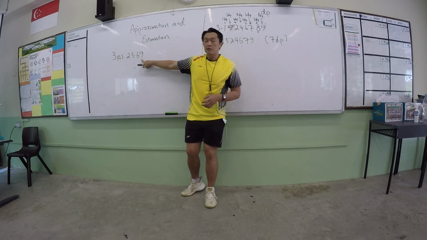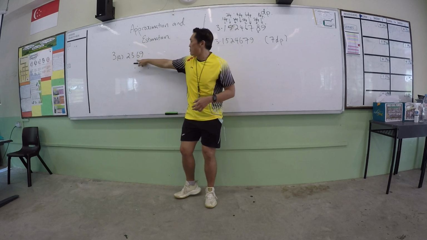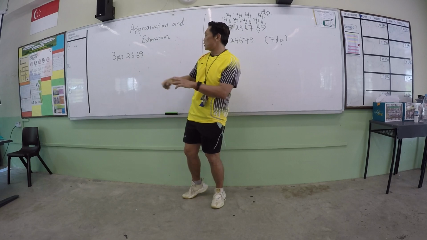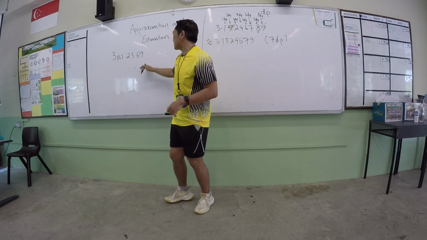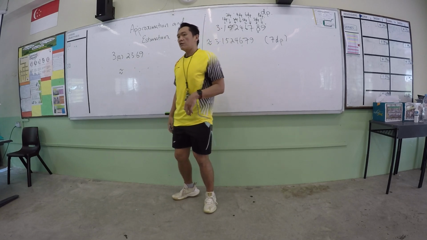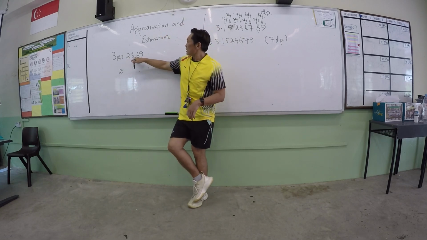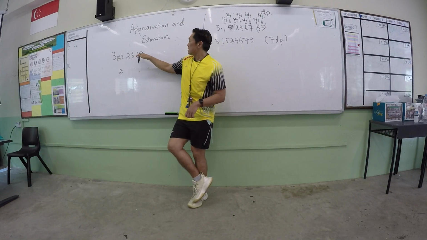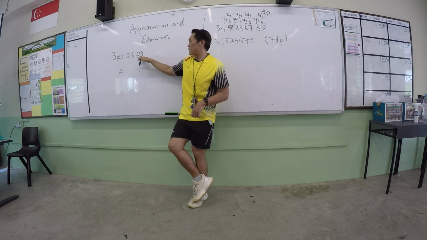Okay? So if we want to round this number off to 1 decimal place, it should still be a number that is roughly this number. So we want to decide what is the 1 decimal place number. We have to look at the 2nd decimal place number.